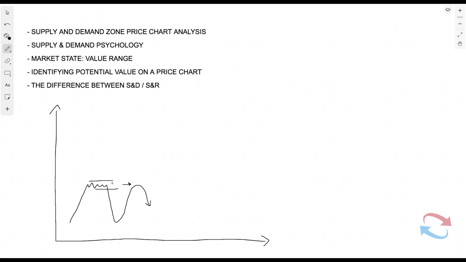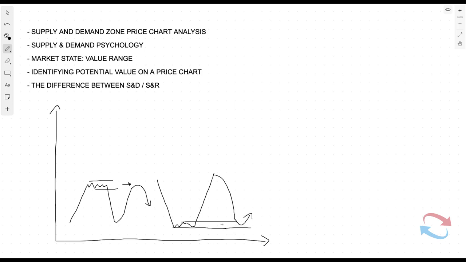And that's the way it's taught, really. And then the same thing is the opposite, where you've got drop, base, and rally, right? The fact that there's an imbalance in supply and demand, there's more demand coming into the market. If the market does ever come back down into this base area where demand exceeded supply, traders will trade that area, right?